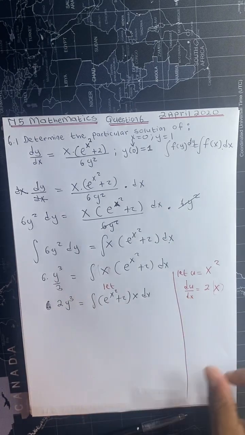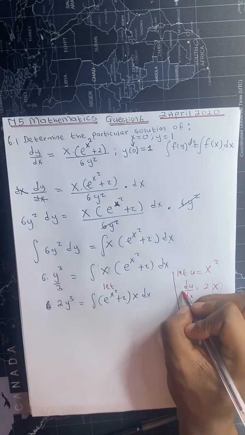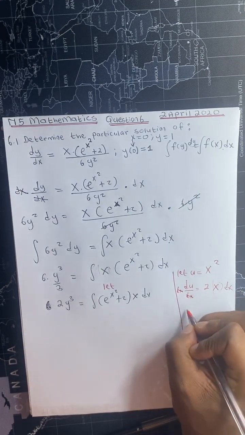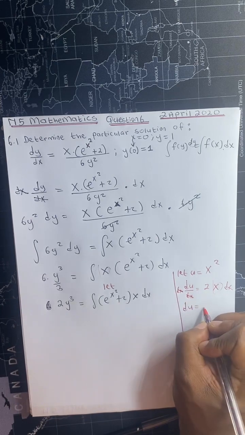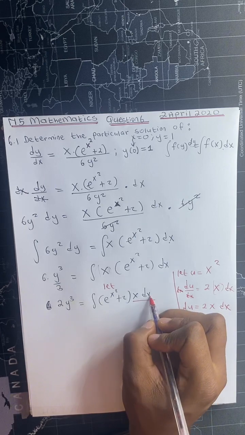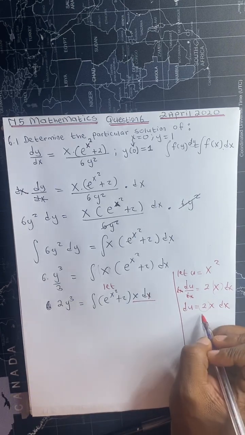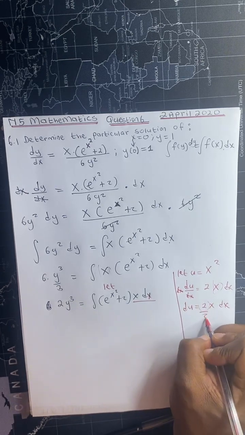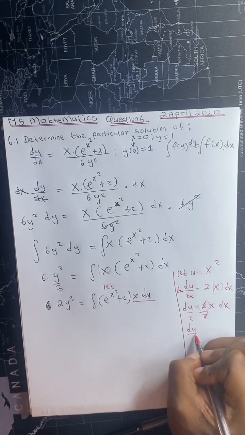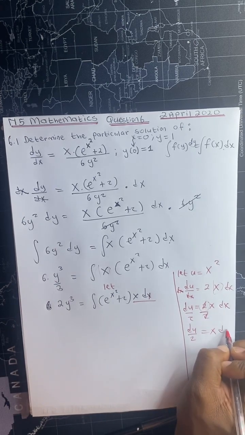On this side let's multiply both sides of this equation by dx, so that dx will cancel that dx, and du will be equal to 2x dx. We have x dx here, it doesn't have this 2, so let's divide both sides by 2. That 2 will cancel out with that 2, and du over 2 will be equal to x dx.